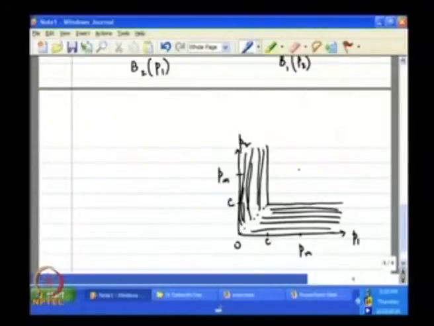At PM I have an empty circle and I have these two horizontal and vertical lines.